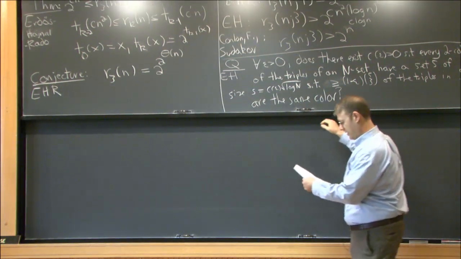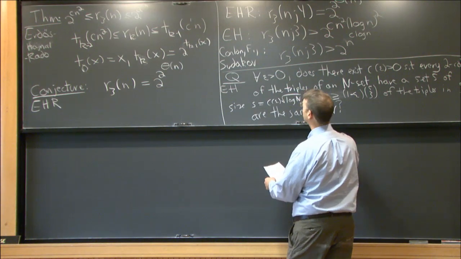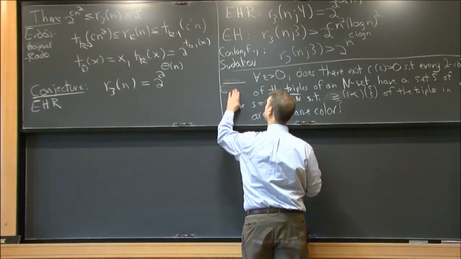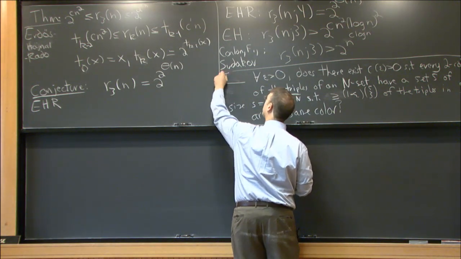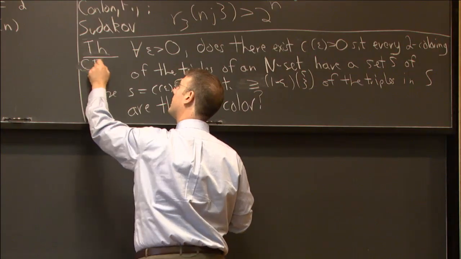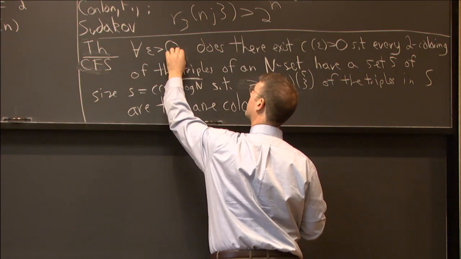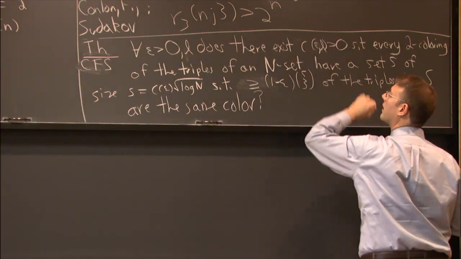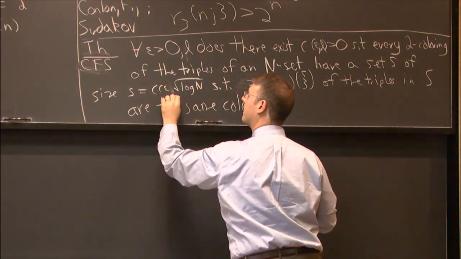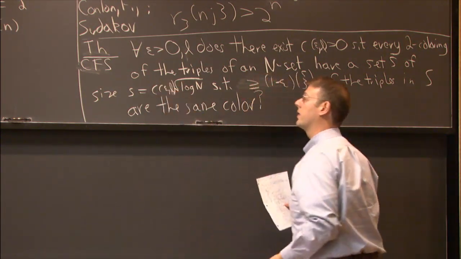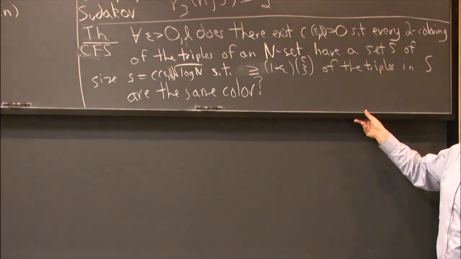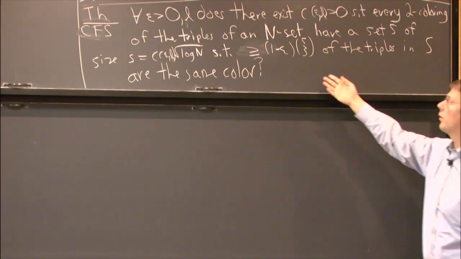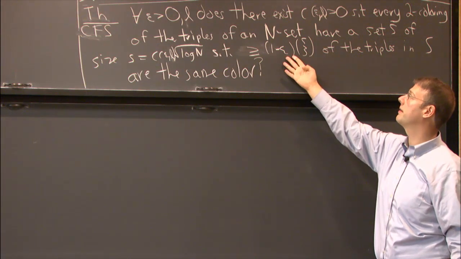With David Conlon and Benny Sudakov, this question is now a theorem, and it's even true for L colors. So this is c of epsilon and L. Even when you L-color, you get a subset of size square root of log n in which a 1 minus epsilon fraction are all the same color.